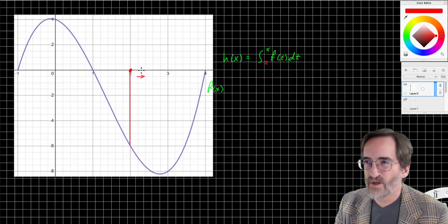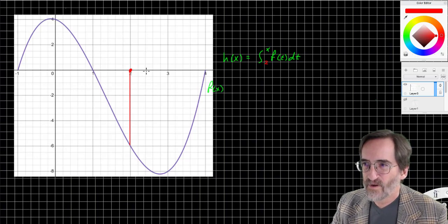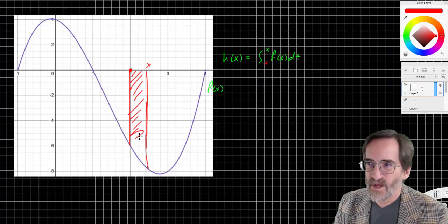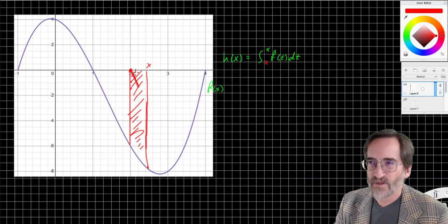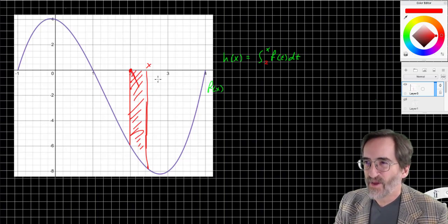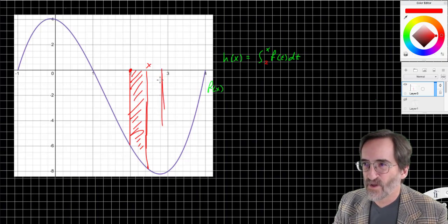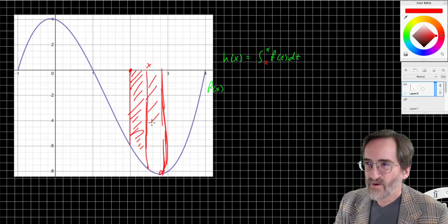Okay. Now as x proceeds to the right, the area of each slice, let's say x is right here. So let's say this is x. This total area is negative, right? So the graph is going down. It's going down. And as x moves further, it reaches this point where it reaches its lowest point, right?